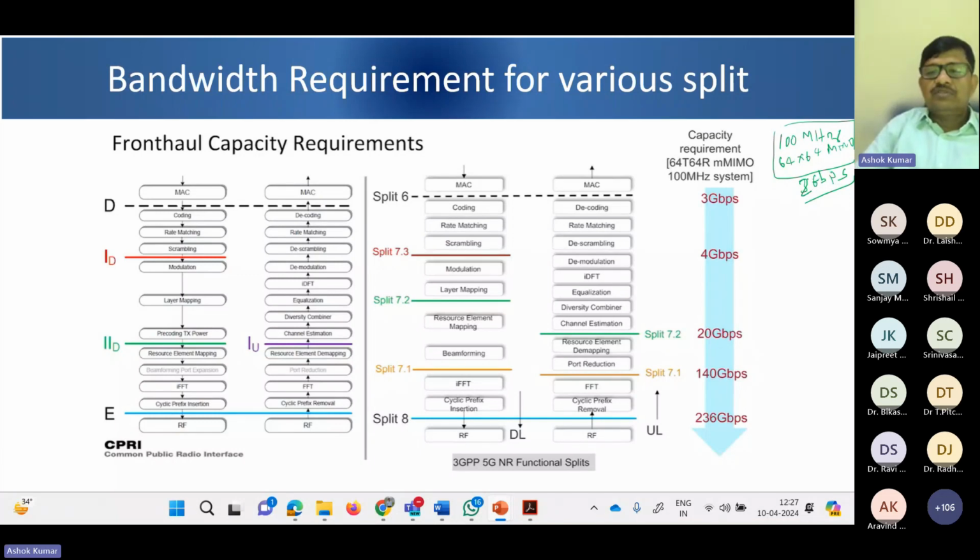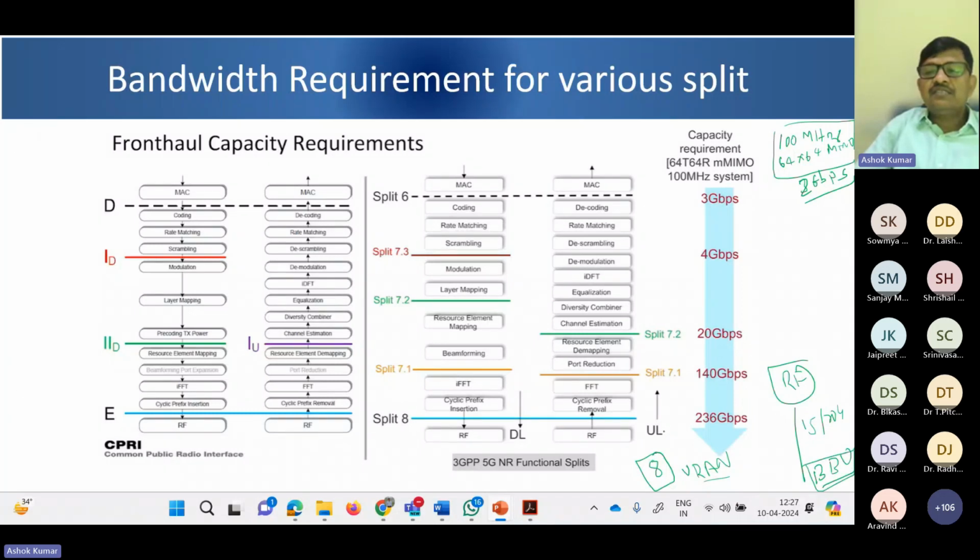Now let's take an example. I have split 8. Split 8 is the virtualized RAN I talked about, or BBU hotel, where RF is at the antenna and your BBU handling everything is 15 or 20 kilometers away.